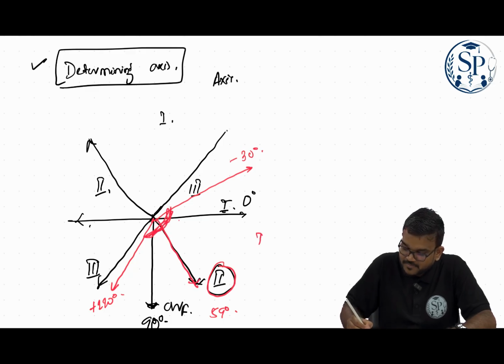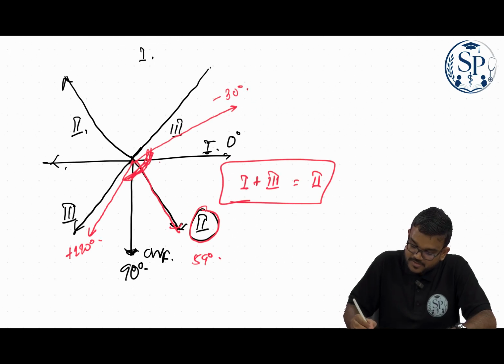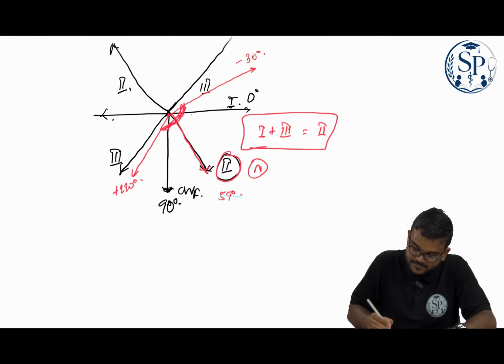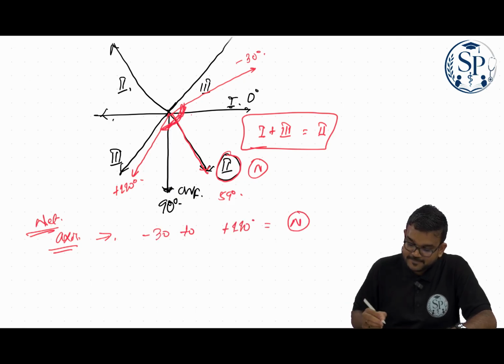So lead 1 plus lead 3 equals lead 2. Okay, so it is normal. If the net electrical axis falls between minus 30 and plus 110, then it is normal axis.